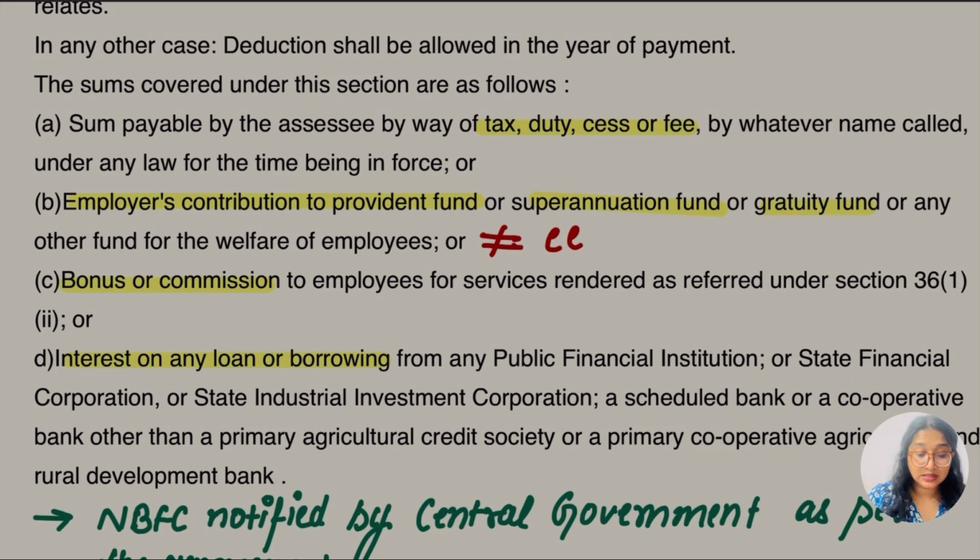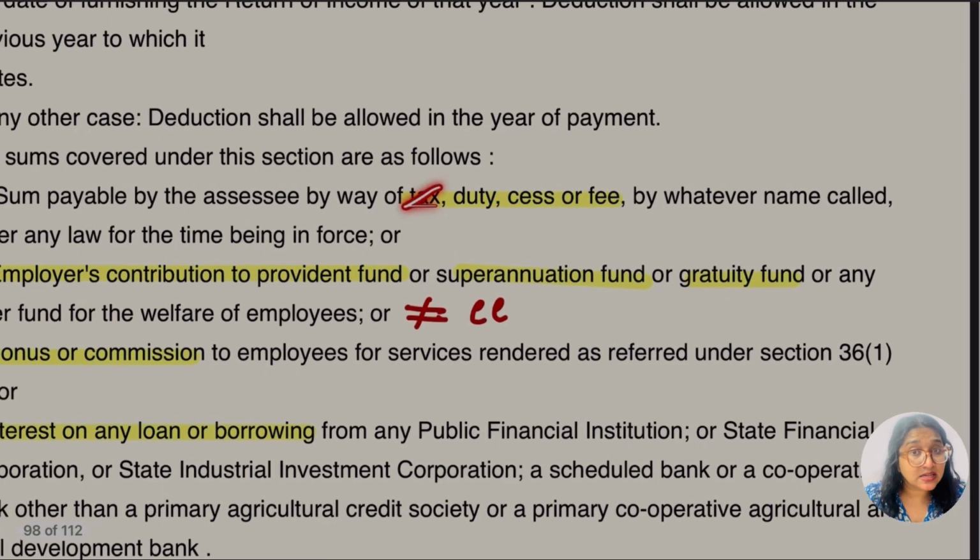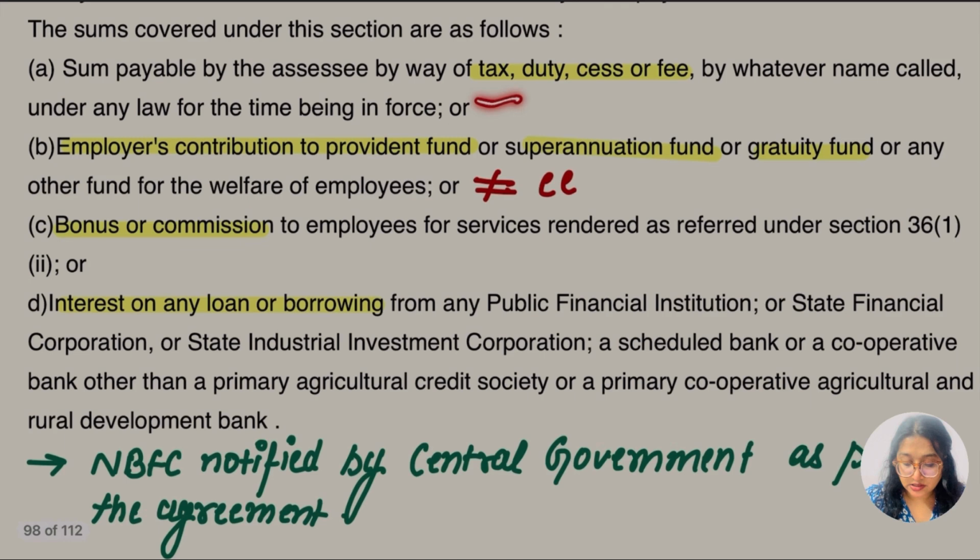Number one, the sum payable by the assessee by way of tax, duty, cess, fees. Let me say it again: tax, duty, cess, fees. Now the question to you is whether GST is going to come in this case or not. Think quickly. The answer is yes.